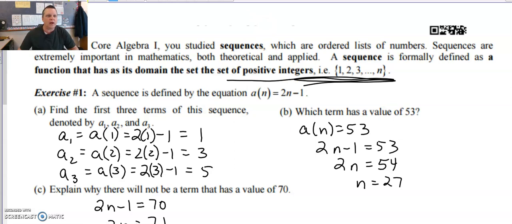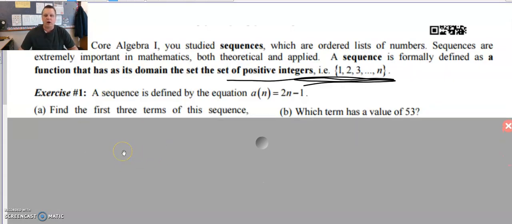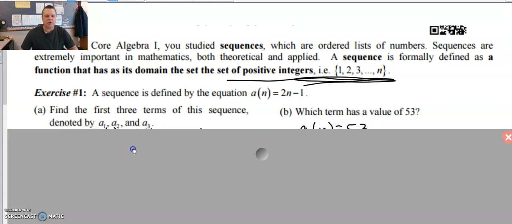When we look at each term in the first exercise, usually they'll give you some equation, and they'll want you to find the first three terms, the fifth term, whatever. So find the first three terms.